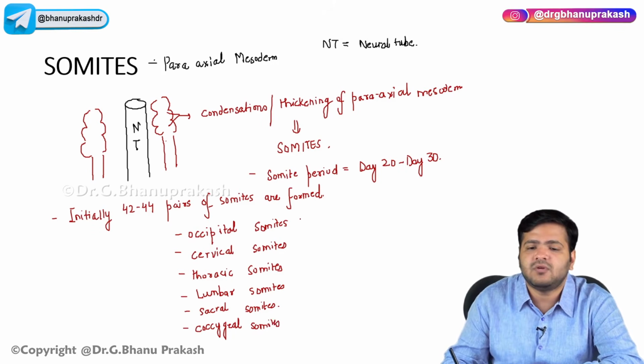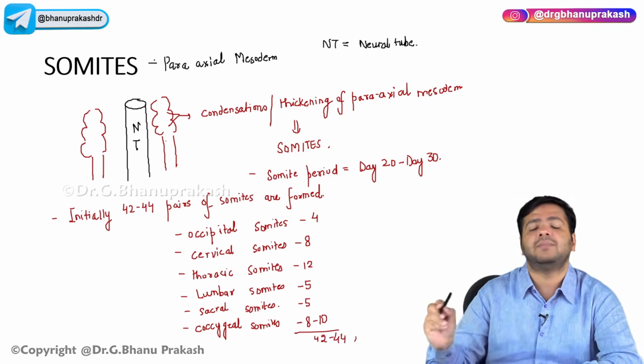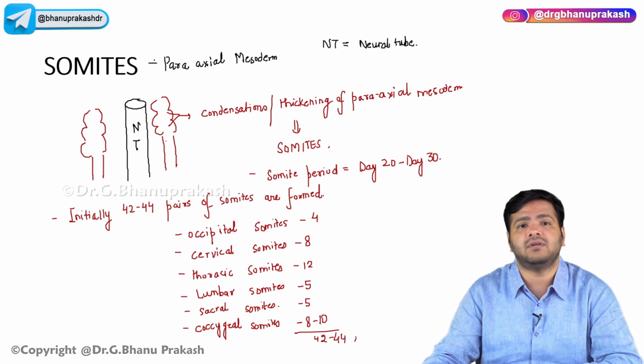So remember, the occipital somites are 4 in number, the cervical somites 8, the thoracic somites 12, lumbar 5, sacral 5, and coccygeal from 8 to 10. So initially 42 to 44 pairs of somites are formed, right?